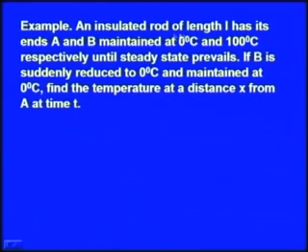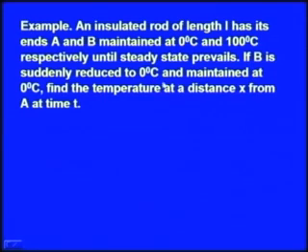So, here we have a problem where the end A is kept at 0 degree centigrade, the end B is kept at 100 degree centigrade. So, here u naught is equal to 100 degree centigrade until steady state conditions prevail. So, when this bar comes back to the steady state, suddenly what has been done is the end B is cooled to 0 degree centigrade.